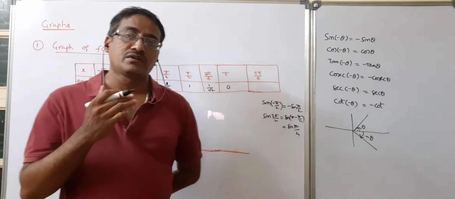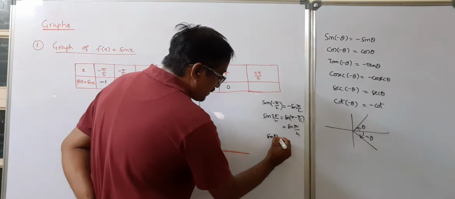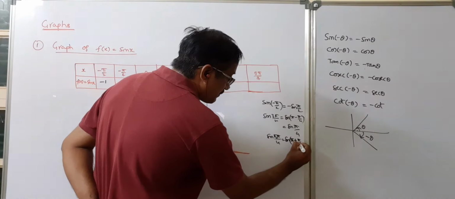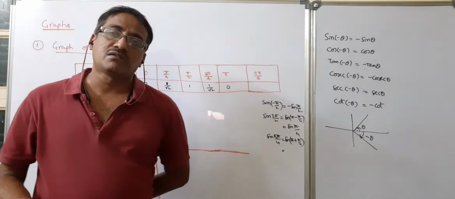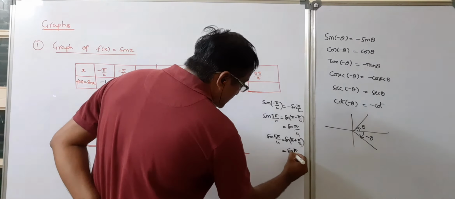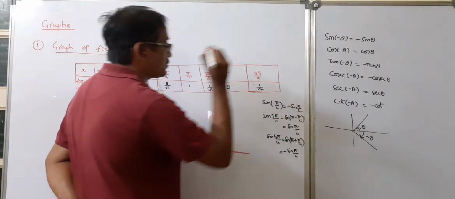You can see sine 5 pi by 4 can be written as sine of pi plus pi by 4. Sine of 180 plus theta is in the third quadrant, so you will get minus sine pi by 4. So you will get minus 1 by root 2.